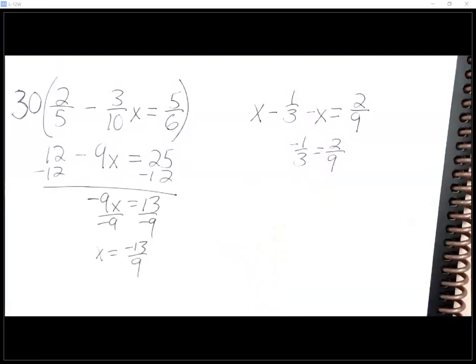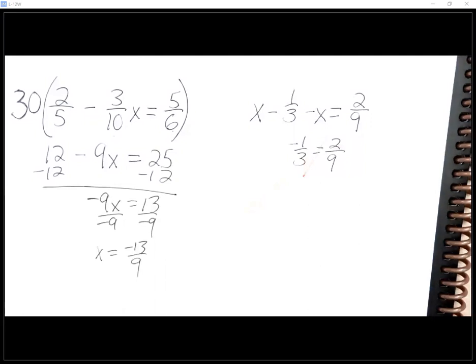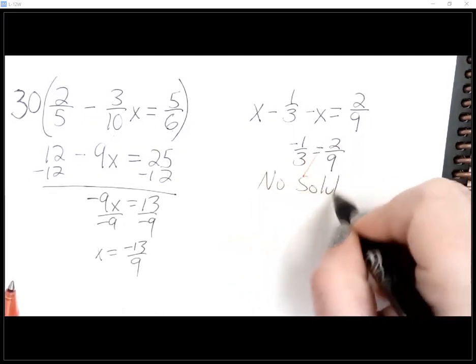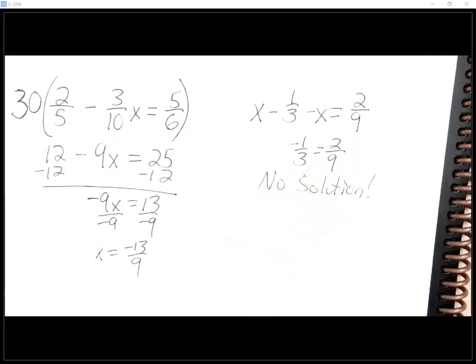My variables are gone, and that's not a true statement. So what does that mean? No solution. Even if you didn't realize that, if you went ahead and cleared the fractions, your variables would still cancel out, and you'd be left with nothing.